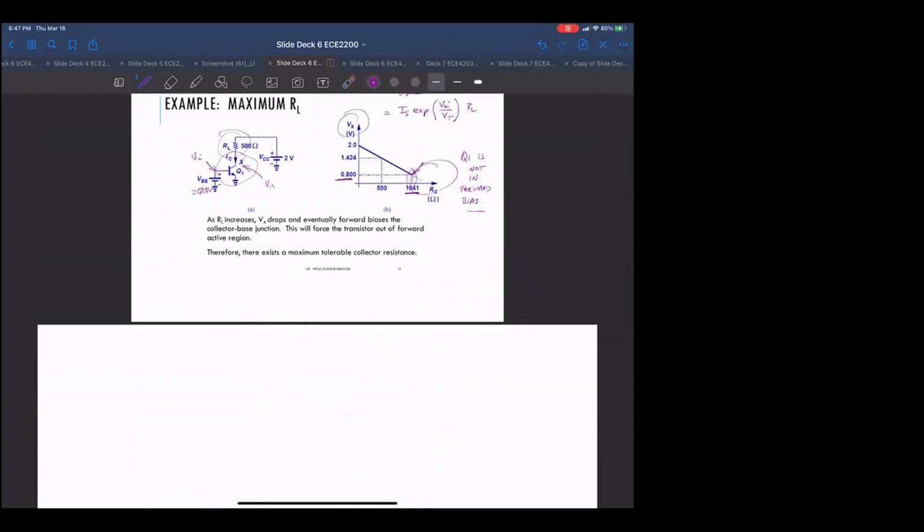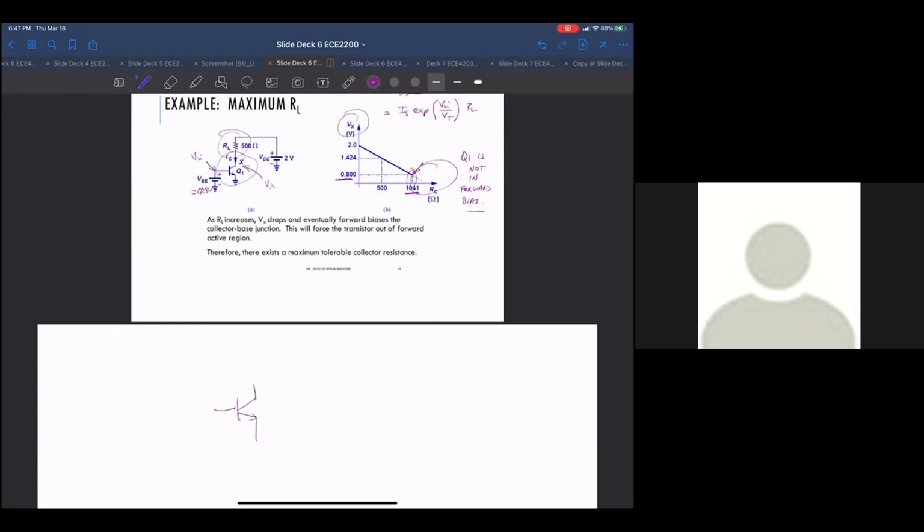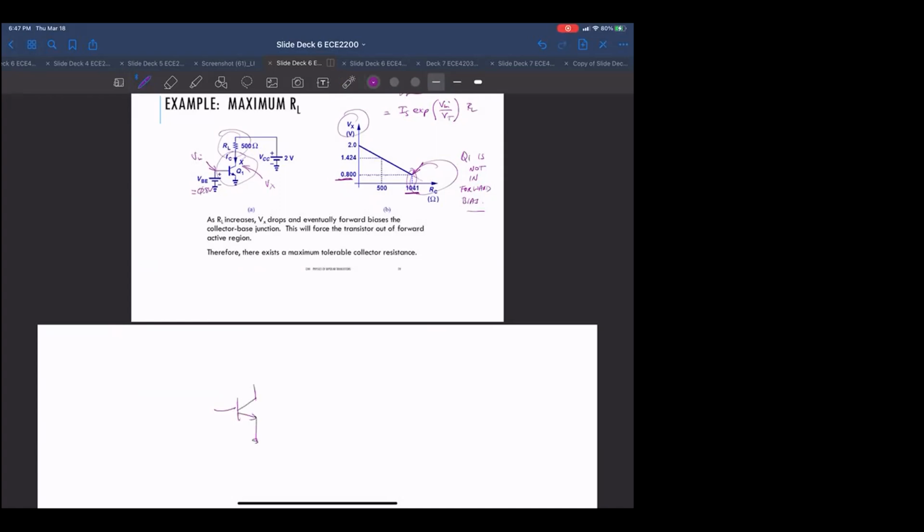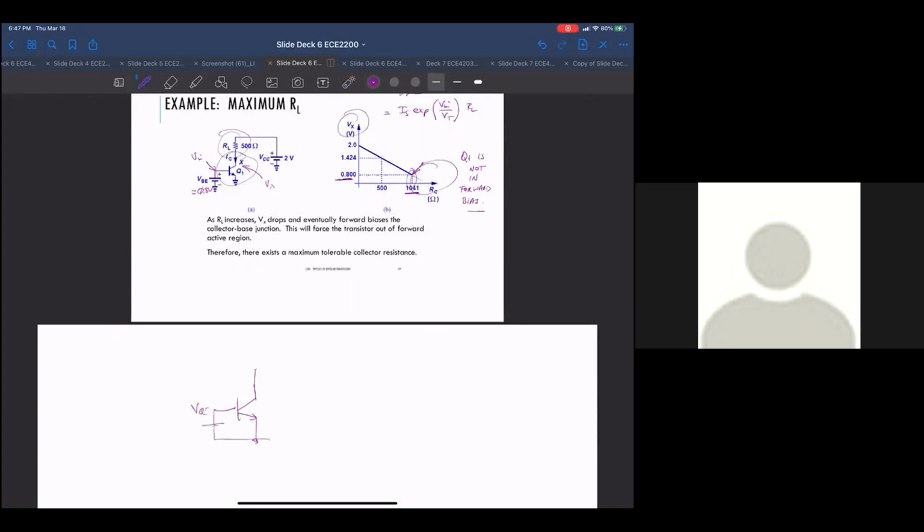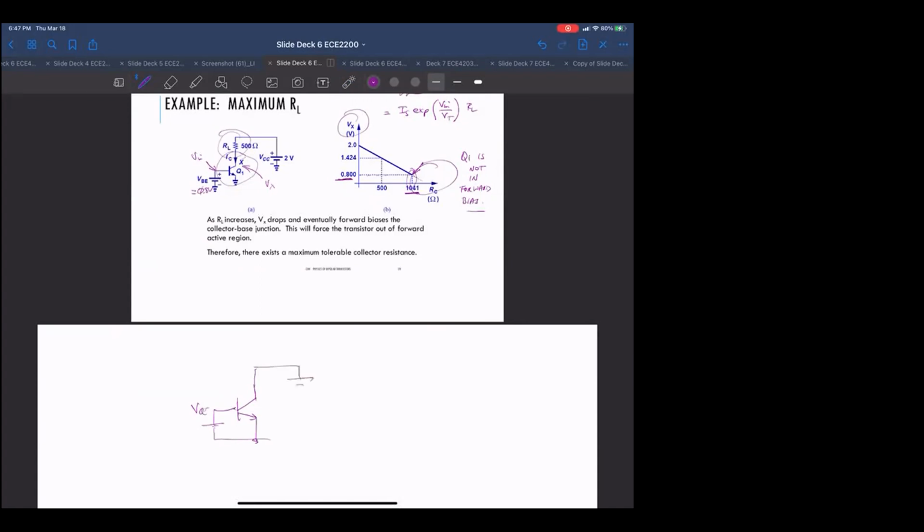So let's draw this guy. I remove the resistor, and what do I connect here on the collector side? Don't you just go to the VCC?